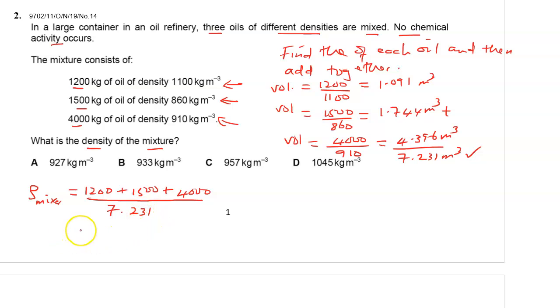And when you do your maths correctly, you should be getting something like 926.6, which is approximately 927 kilogram per meter cubed. That means the answer is A.